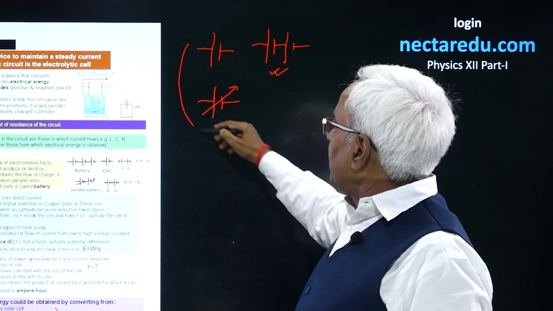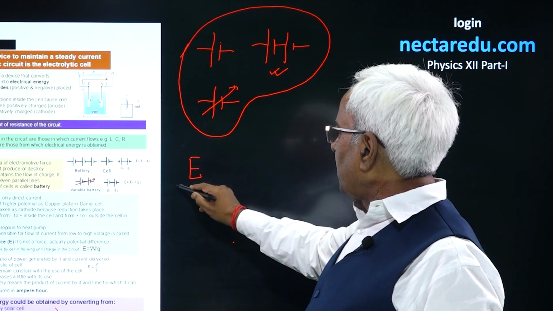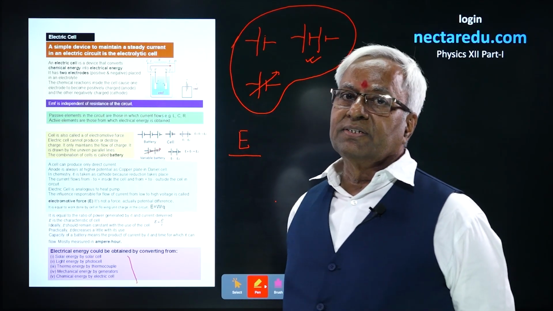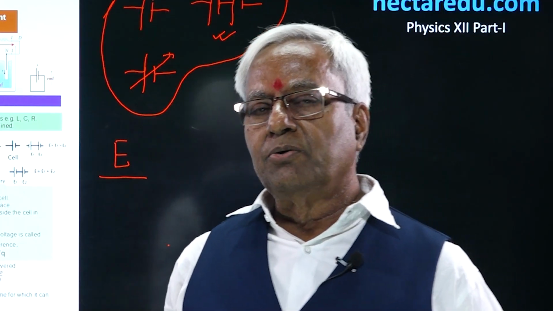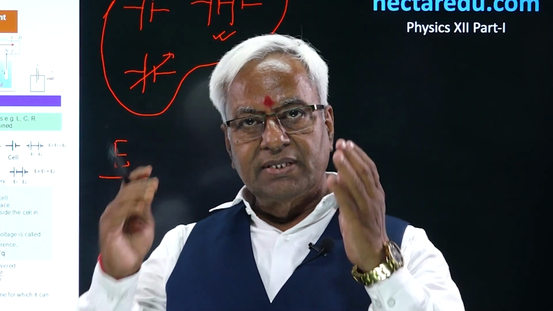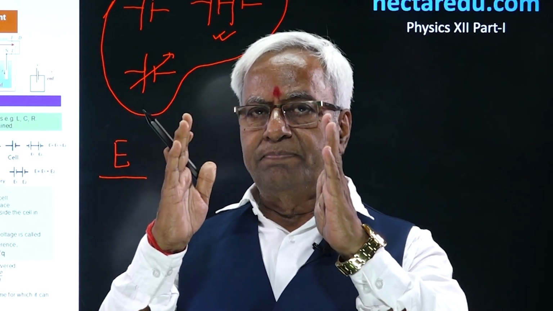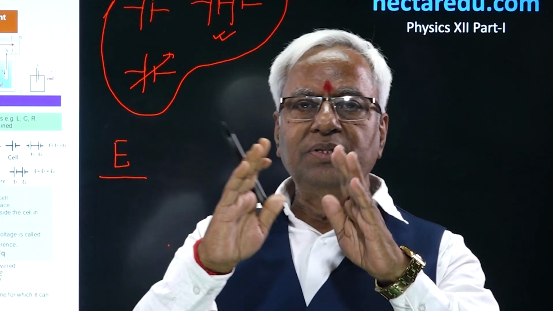Cell is characterized by one particular term known as electromotive force. Inside the cell, chemical reactions take place with an electrolyte, and because of these reactions, the two plates immersed in the electrolyte get polarity.